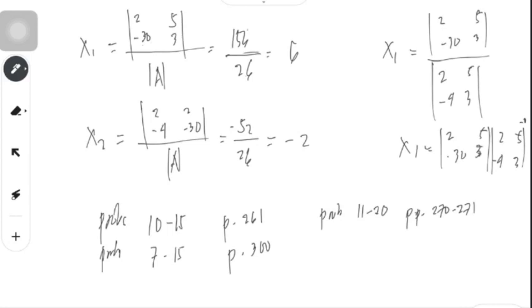Then, mag-upload pa ako ng ibang problem regarding the matrices, and determinants, then solution of equations. Pagdating ninyo sa transmission, transmission of signals, you will be dealing with so many equations, so many unknowns. So it's better to apply the matrices and determinants.